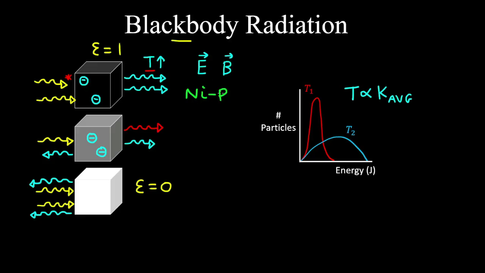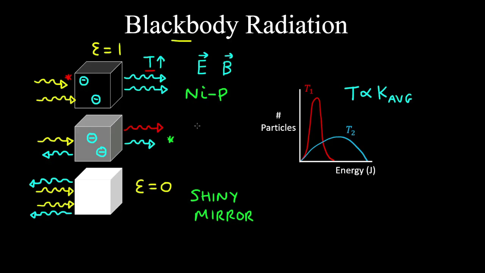So it's a perfect absorber and emitter of electromagnetic radiation. And on the other end, a shiny mirror is an example of a white body. So it only reflects the incident electromagnetic radiation. It does not absorb or transmit it. And in the middle somewhere you have a combination of both for the grey body.